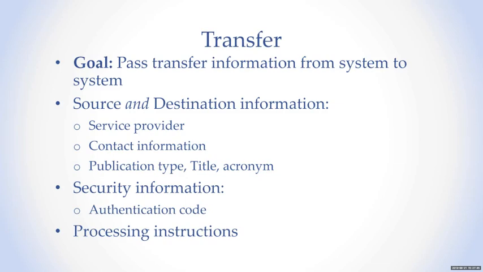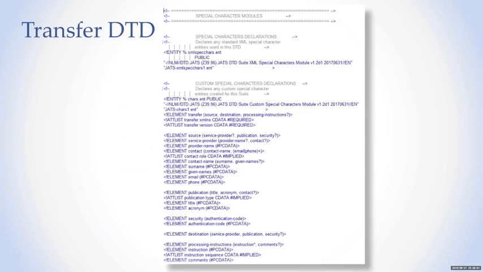It'll have the contact information, the publication type, title, and acronym. There's some optional ability to have an authentication code for some security, and there's a built-in way to include some processing instructions. And here's the DTD. Again, you'll see that we pulled in the special characters module from the JATS DTD, and we're just providing information for the source and the destination.